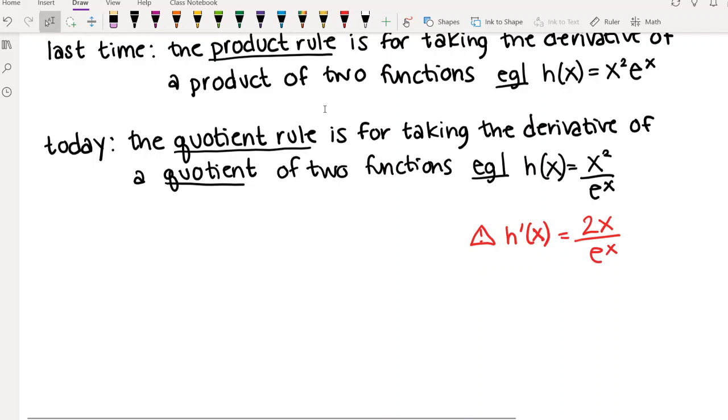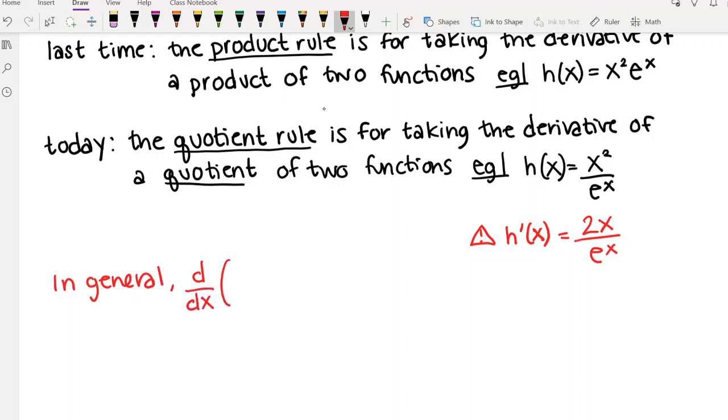That's just not the derivative. I'm sorry, I know it would be nice if that's how it worked, but it does not work that way. So in general, the derivative of two functions being divided is never going to be equal to the derivative of the numerator divided by the derivative of the denominator.